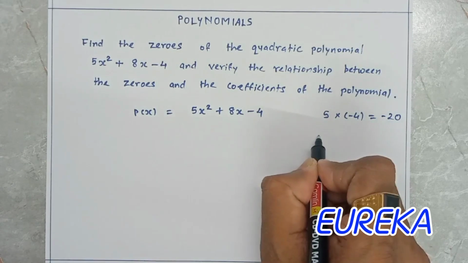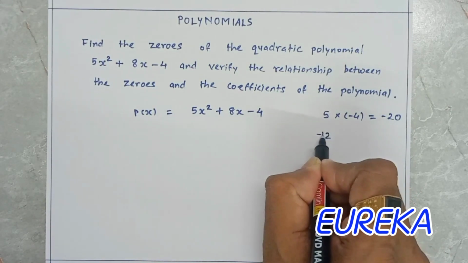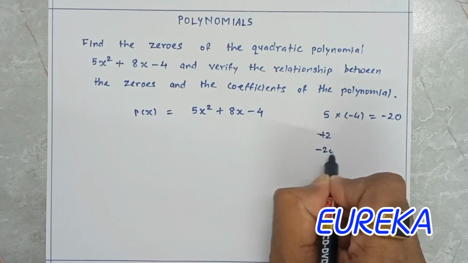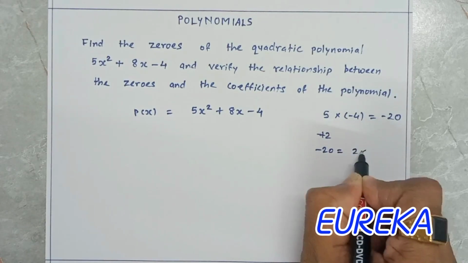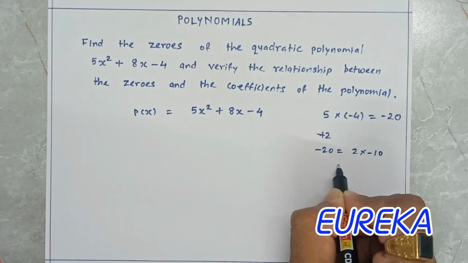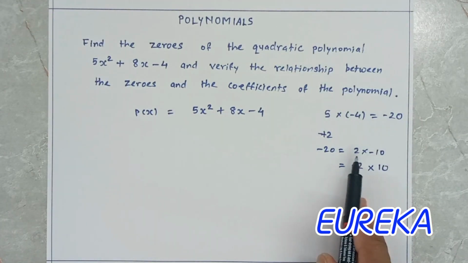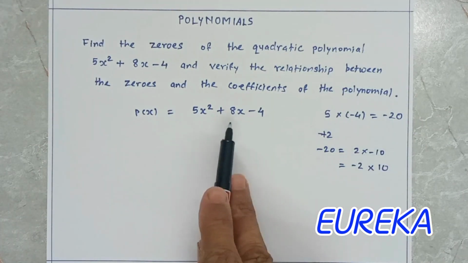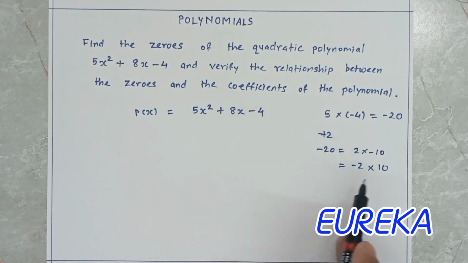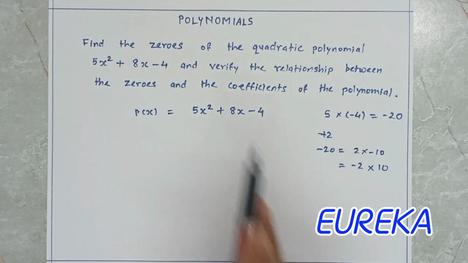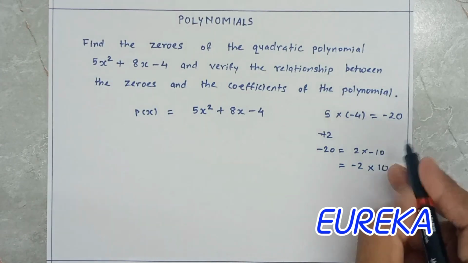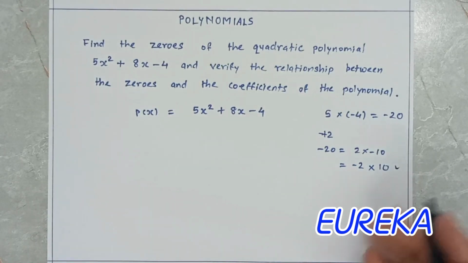So we have the factors of minus 20: 2 into minus 10, and minus 2 into 10. Now you have to check: 2 minus 10 gives us minus 8, but here we want plus 8, and minus 2 plus 10 gives us plus 8. So we will consider this one.